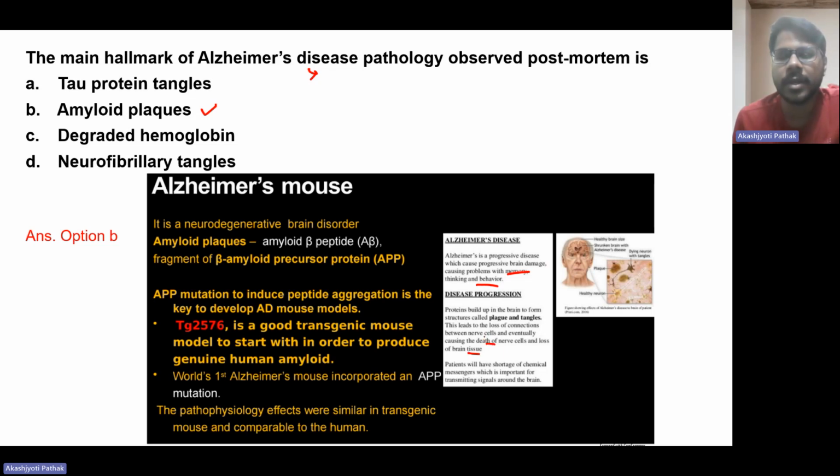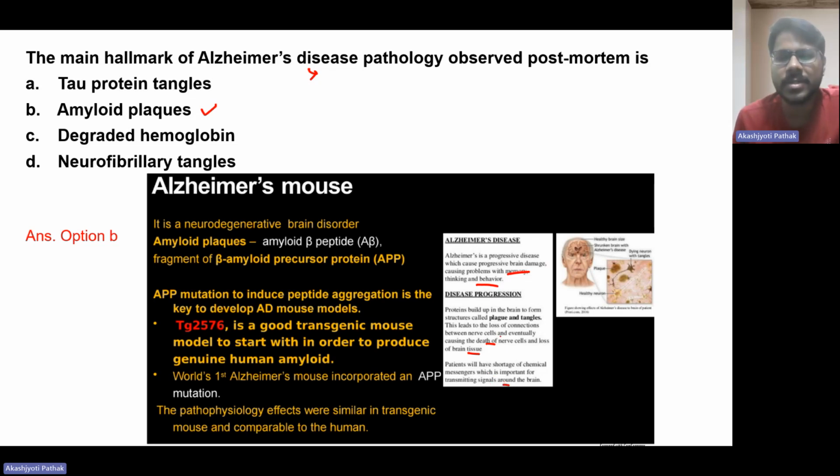So if the nerve cells are lost, then what will happen? Then the person will face difficulty in doing common tasks, or in recognizing someone or remembering something. So the patients will have a shortage of chemical messengers, which are important for transmitting signals around the brain.